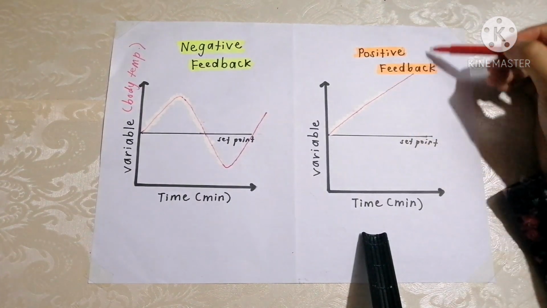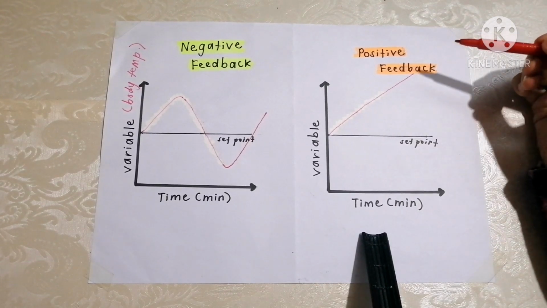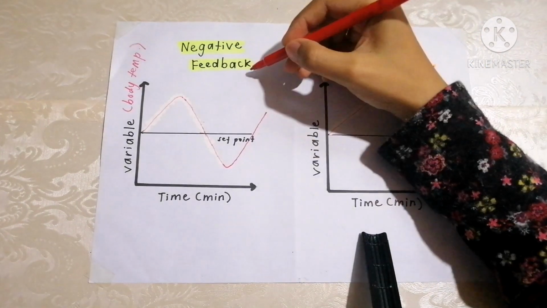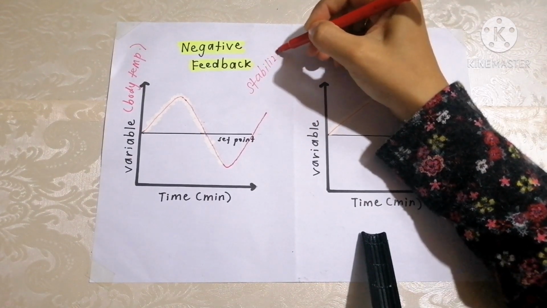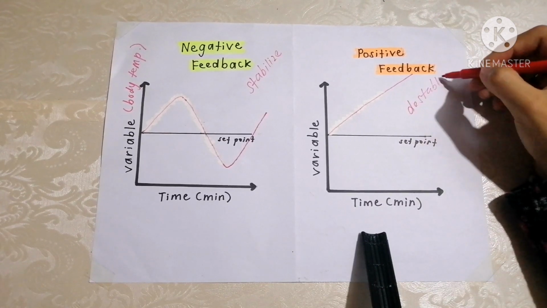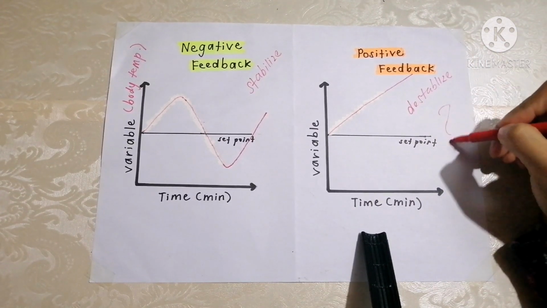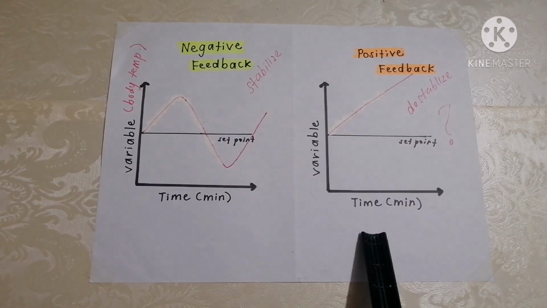The goal of positive feedback is to destabilize the system. Hence, negative feedback is to stabilize the system, while positive feedback is to destabilize the system. You might wonder, what kind of body variable would need to be destabilized? No worries, we will discover this positive feedback in the next class.